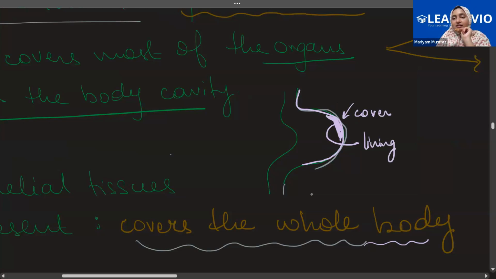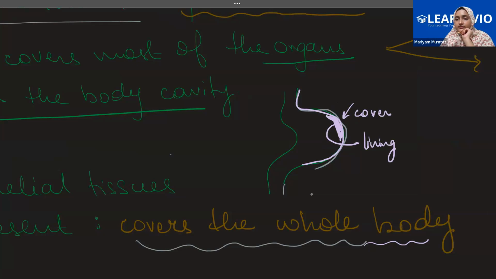Do you people understand the difference between covering and lining today? Yes. If both of them are layers, if the layer is present on the outer side, then that is a covering. And if it is present towards the inner side, then that becomes a lining. This is the major difference between them.